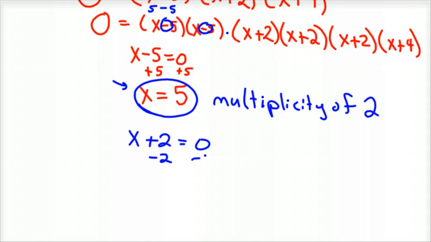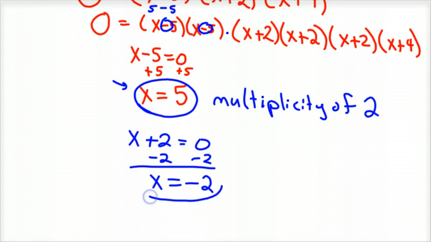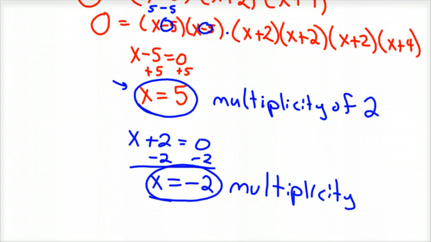You subtract 2 from both sides, and another one of your roots is negative 2. Sorry, I almost forgot about multiplicity: it has a multiplicity of 3 because it occurs three times in the polynomial.